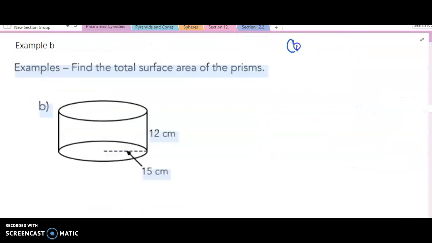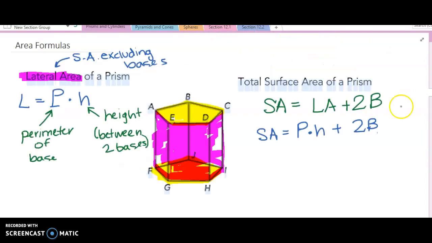All right, so here I have my cylinder. Okay, so the surface area of my cylinder is always going to be my lateral area plus my 2 bases. So for a cylinder, I want my lateral area plus 2 times the area of my bases. Okay, well, the area of my base is pi r squared.